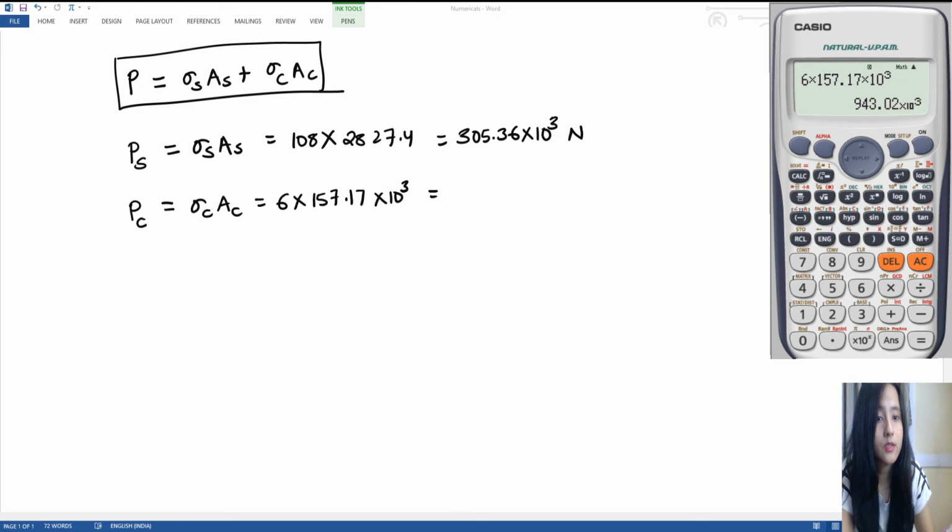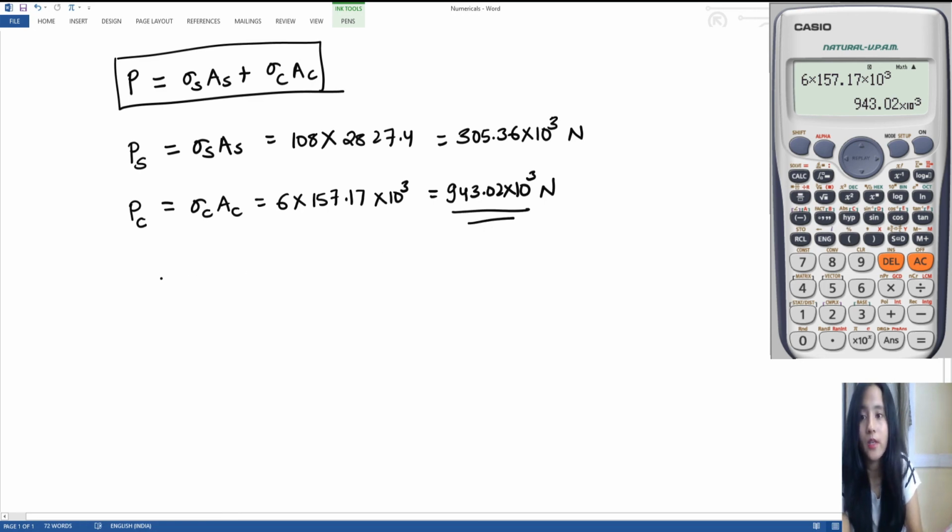So this is equal to 943.02 into 10 raised to power 3 Newton.